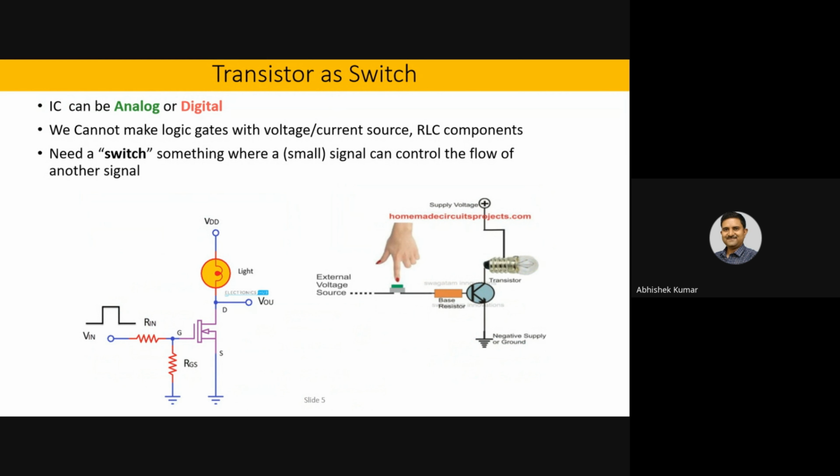Here, cutoff mode and saturation mode are the two constant modes that can be used for making the transistor in the off state and on state. Cutoff mode is where the transistor works in the off state, and saturation mode is where the transistor works in the on state.